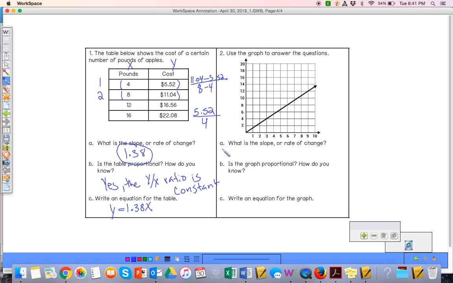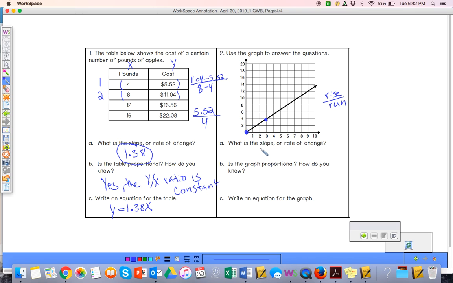Okay. So now on number 2, it says use the graph to answer the questions. What is the slope or rate of change? I'm going to pick this point, and I'm going to pick this point. My rise, because we do rise over run, is 4 because our graph is counting by 2.